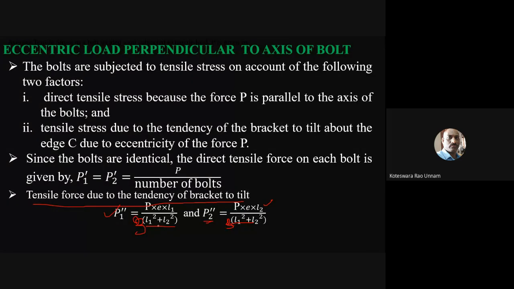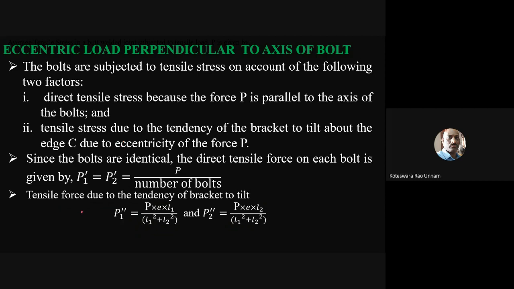So you can take it as 3 times. If it is only 1, then L1 square plus L2 square only. If there are 2 sets, you take 2, and for 3 sets, you take 3. Like that, we can determine the tensile force acting because of the moment on this set of bolts.